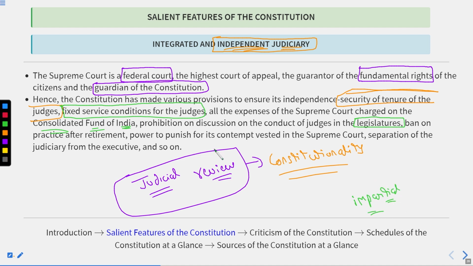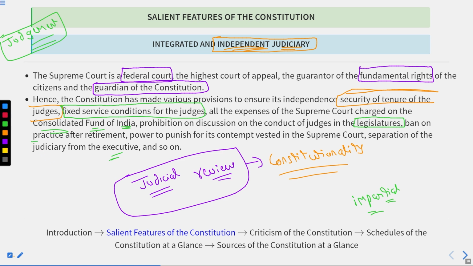All right. Second is the power to punish for contempt vested in the Supreme Court. Like you could say, the Supreme Court has ordered or passed some judgment to do some work. If the administration fails to do this, then the Supreme Court could punish the administration. This could ensure the supremacy of the court's judgment. Thereafter, separation of the judiciary from the executive.